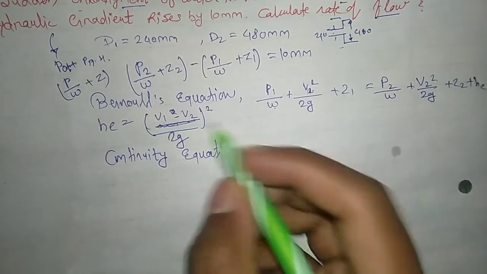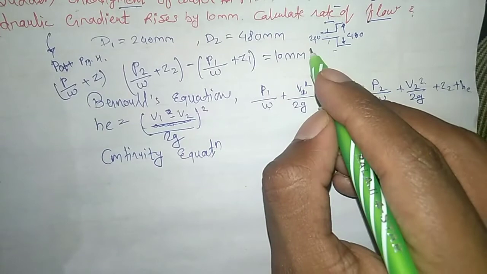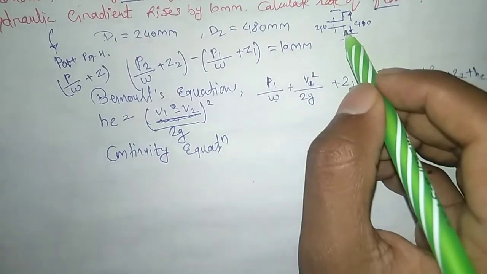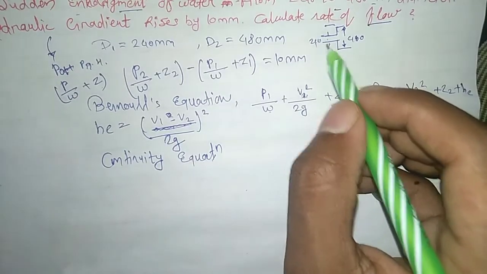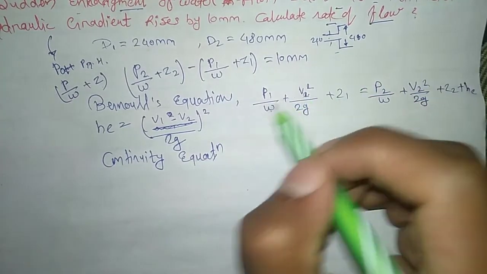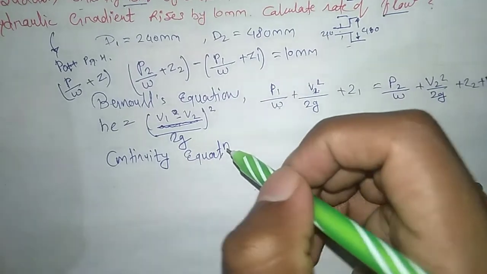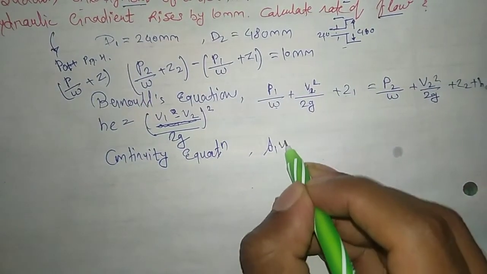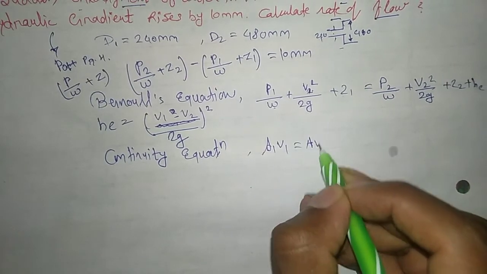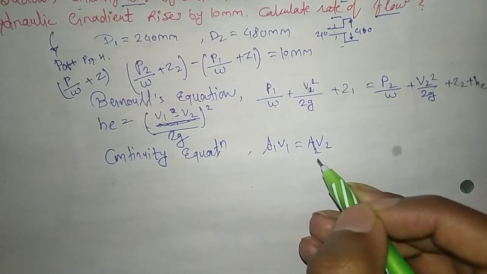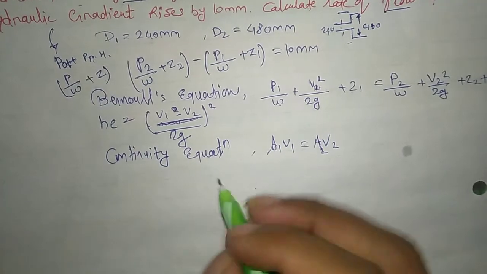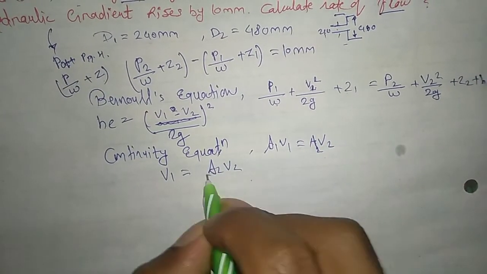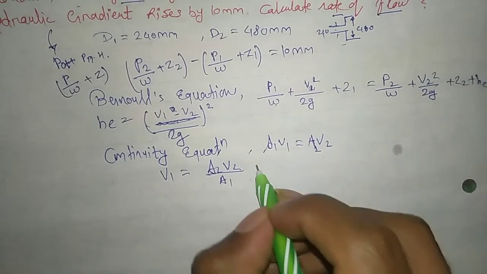Continuity equation states that the quantity flowing through the pipe will remain the same if no fluid is added or removed from the pipe. So we have A1 V1 equal to A2 V2. So V1 equals A2 V2 divided by A1.